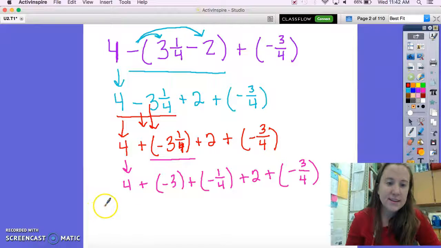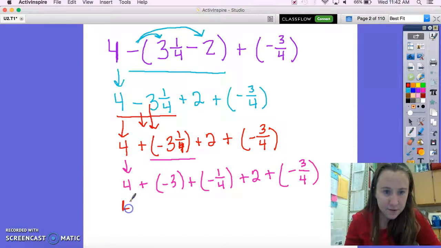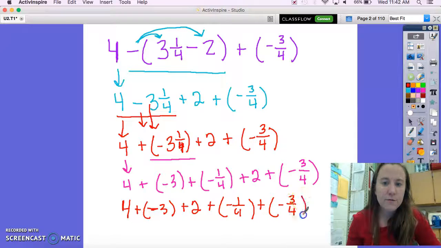I'm going to rewrite this as 4 plus negative 3 plus 2 plus negative 1/4 plus negative 3/4. When I put negative 1/4 plus negative 3/4 together, I get negative 1.